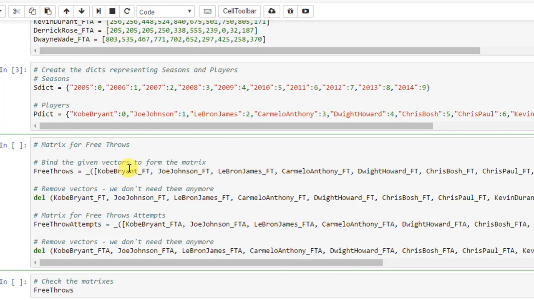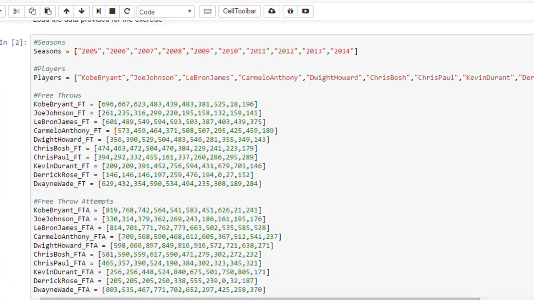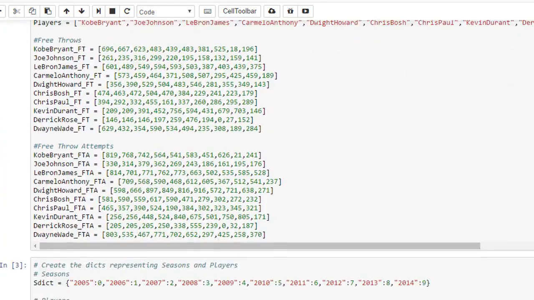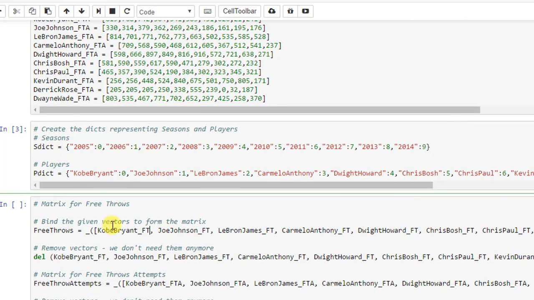We have to bind the vectors to form the matrix. Remember, we just import the numpy module and we use a function from numpy. We imported it as np, the standard way to import numpy, and we'll make an array, a multi-dimensional array of the other arrays.